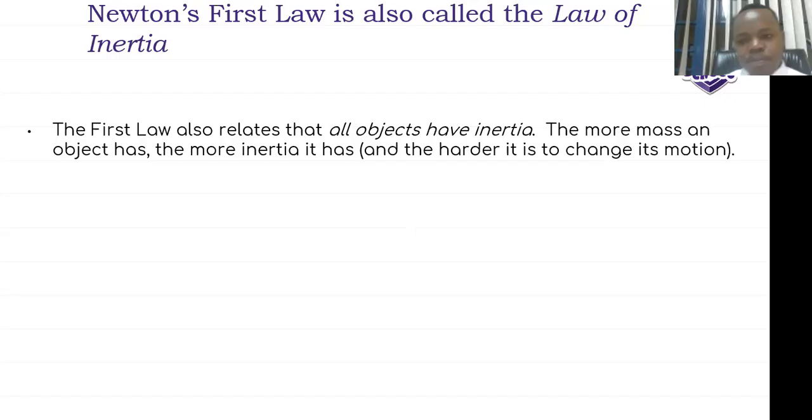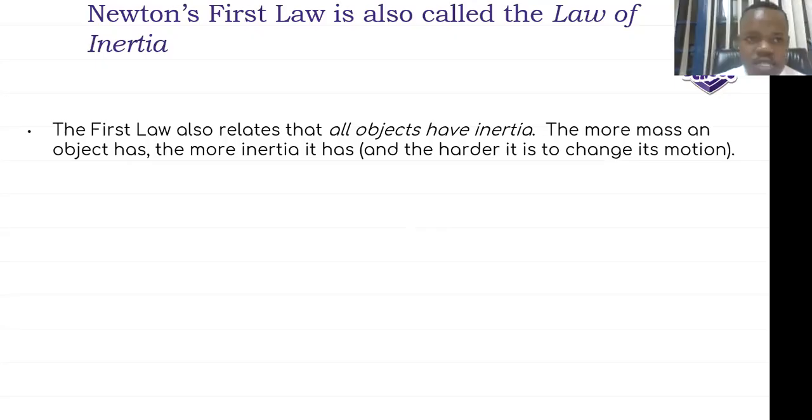Now, with objects, the bigger the mass of that particular object, the more inertia that object will have. Let me give you an example. Let us say you have a box, right? And you are trying to push a box that is on the floor.